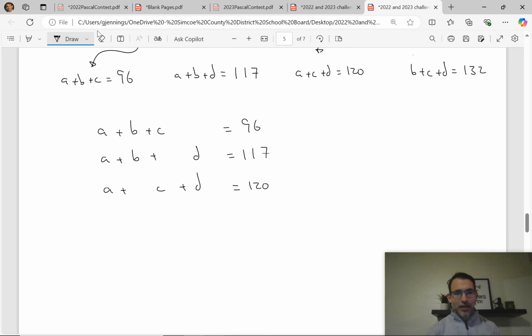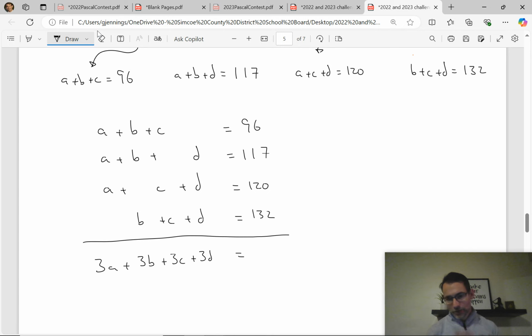And then I'm going to add that to B plus C plus D equals 132. Why would you add these equations together? Because I get 3A plus 3B plus 3C plus 3D equals all of those.